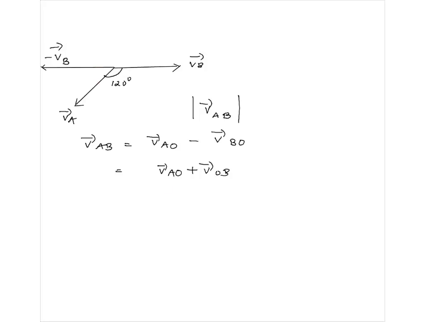This is 60 degree. This vector plus this vector. If you like, think like this: minus VB. This is VB, this is minus VB. Just a moment. That should be plus. VAO plus this. So this vector plus this vector.